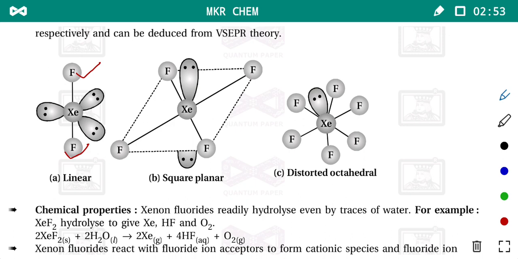These 3 lone pairs and 2 bond pairs are arranged trigonal bipyramidal. So the resultant shape is linear.